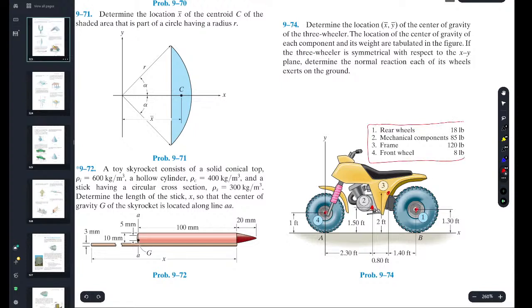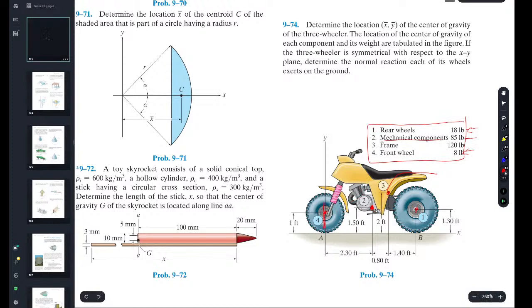And you notice the frame itself is number 3. It weighs a lot. The mechanical components, or the motors, are number 2, and they weigh a decent amount. The front and the back tires have a weight. And from all that, you should be able to find where in this whole thing the centroid would be, or the center of weight.